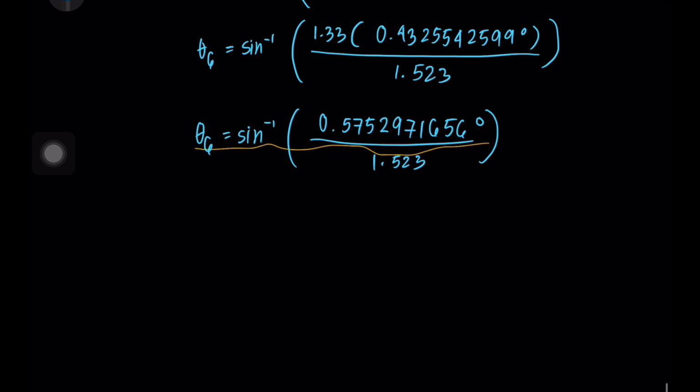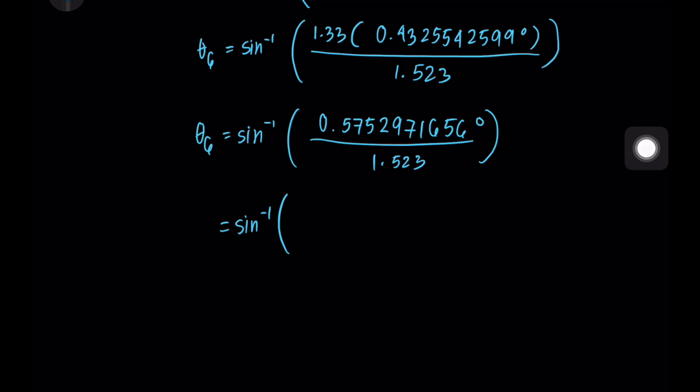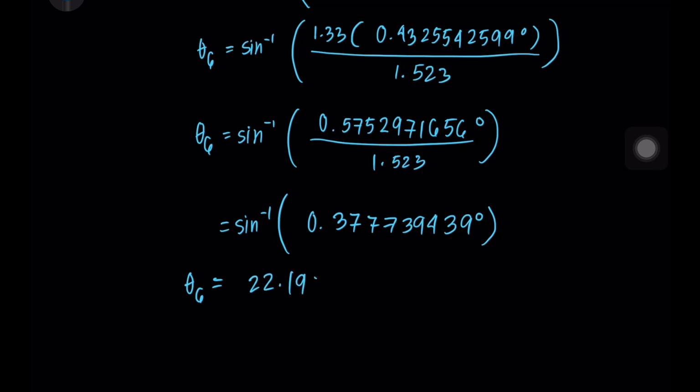And then we have here sine raised to negative 1. We get the quotient and we have the value 0.377739439. And then in your calculator, you click shift, you click sine, and then you click equals. We have the value 22.19372842 degrees.